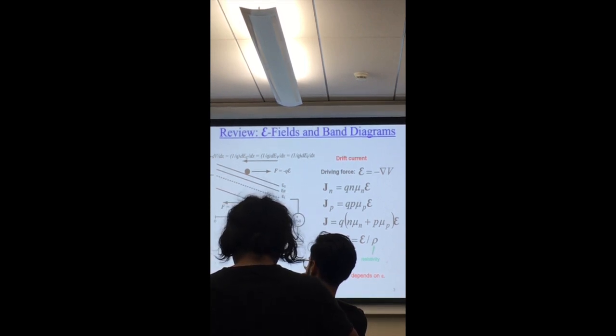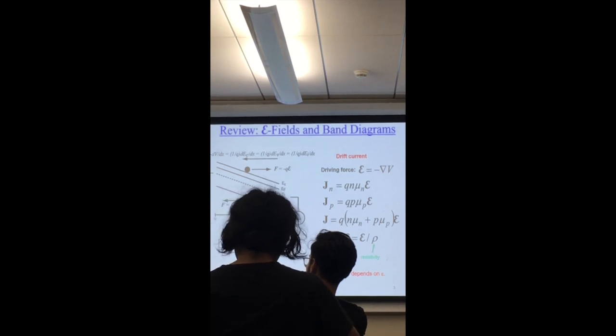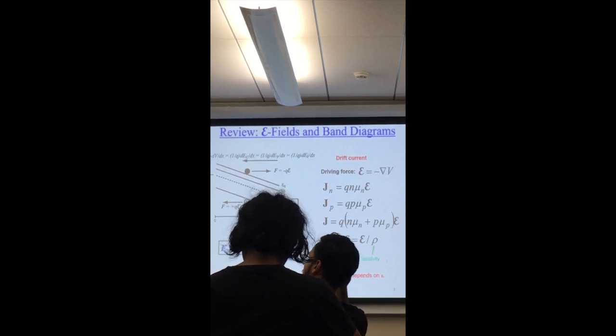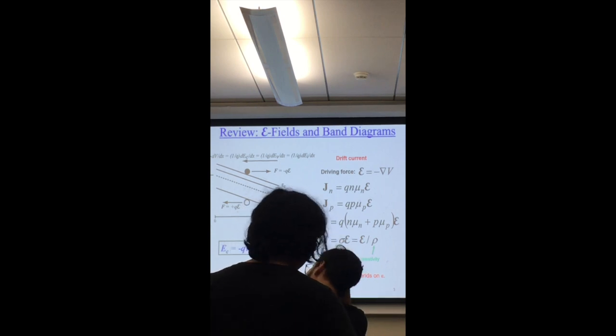And you can also tell EC is defined as minus QV plus EC naught, where EC naught is any reference value. So if we apply a positive voltage, it can pull down the band. So this side is tilted down because we applied a positive voltage here.